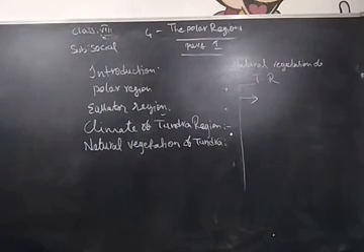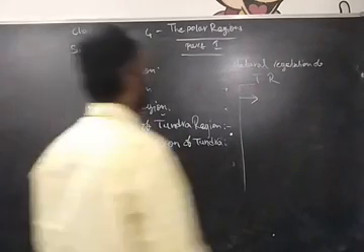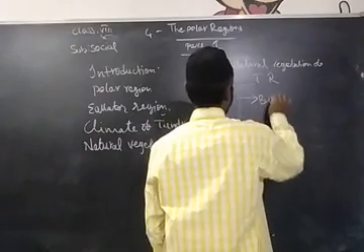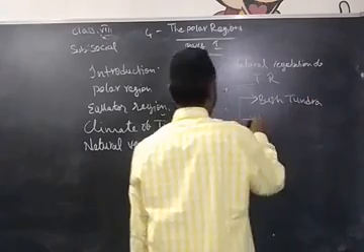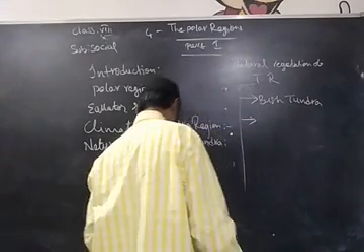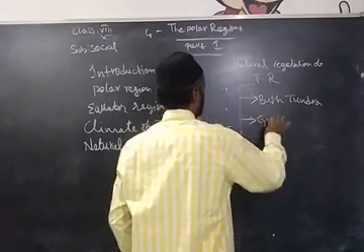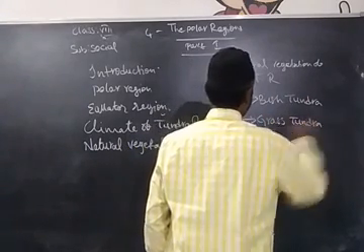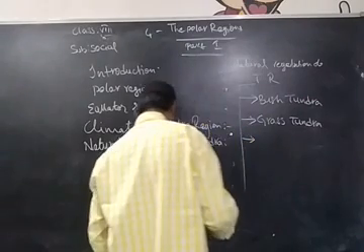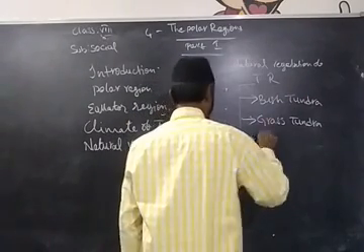Natural vegetation of Tundra region: bush tundra, the next one is grass tundra, the next you can see desert tundra.